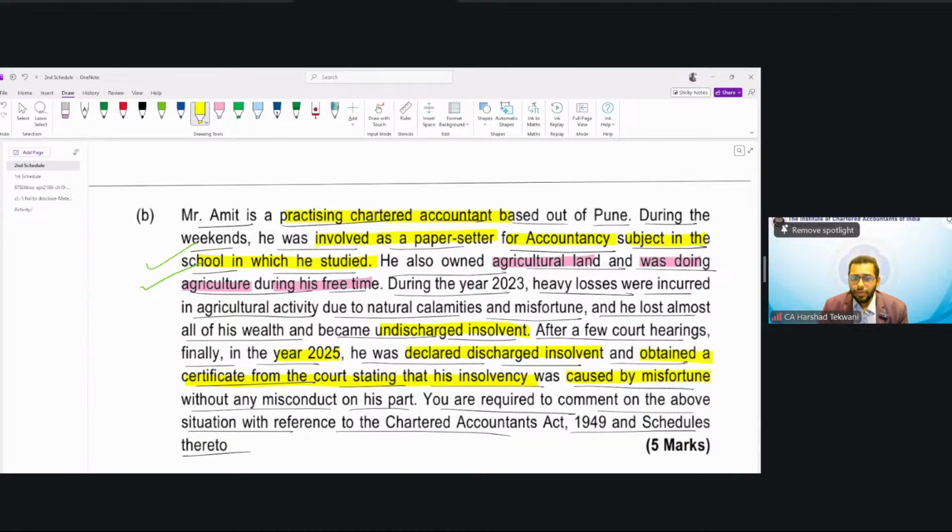So the answer to this question basically lies in the Act itself. There are basically two provisions that we need to discuss from the Chartered Accountants Act.